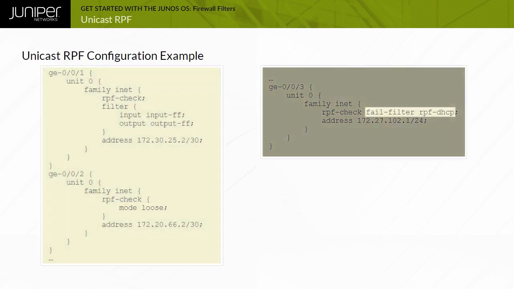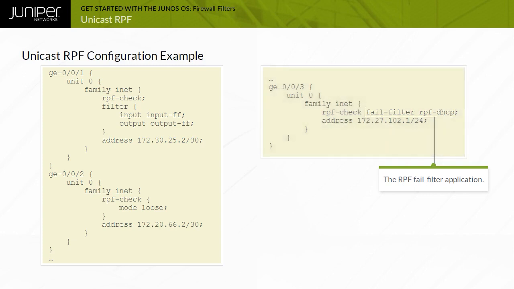The fail filter named RPF DHCP applies to the GE0/0/3 interfaces. As you can see, the configuration defines the RPF DHCP fail filter and permits DHCP and BootP requests. Now that you have enabled RPF on all interfaces, you do not need to include anti-spoofing terms within the firewall filters.